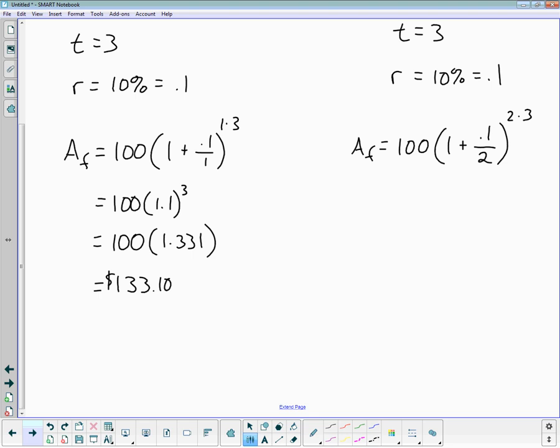So let's do this. 100 times 1 plus 1 over 20, to the 6th. And 1.05 to the 6th power is 1.3400956.